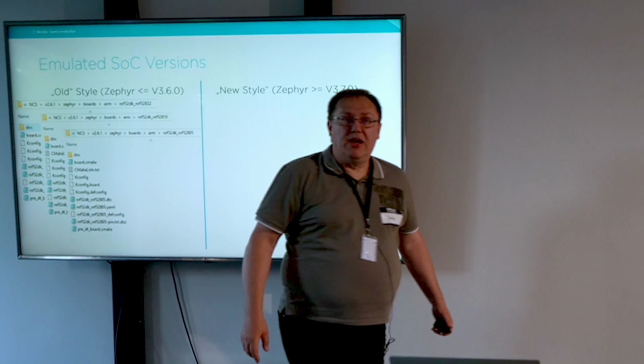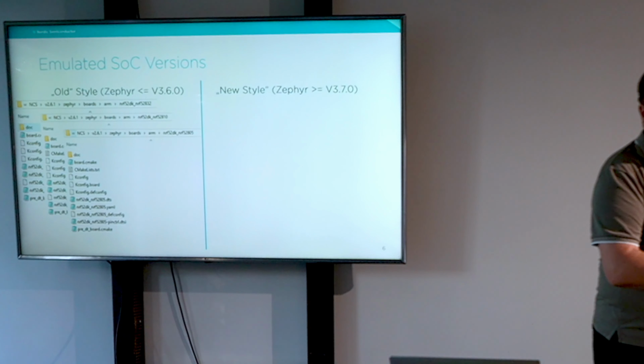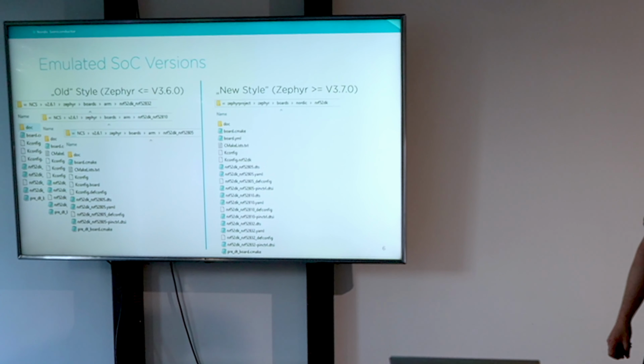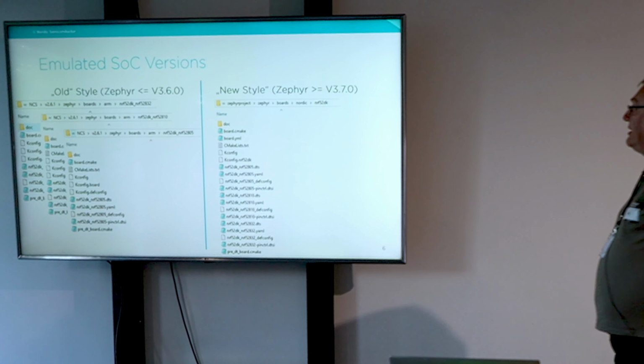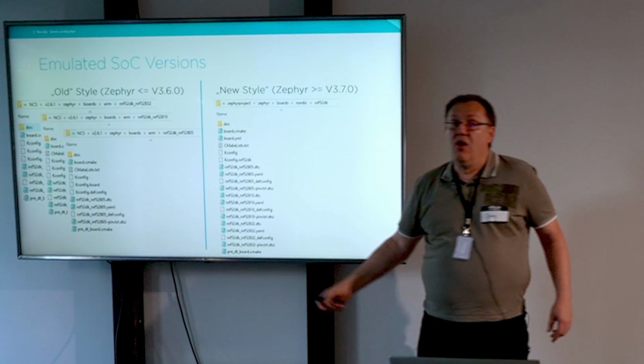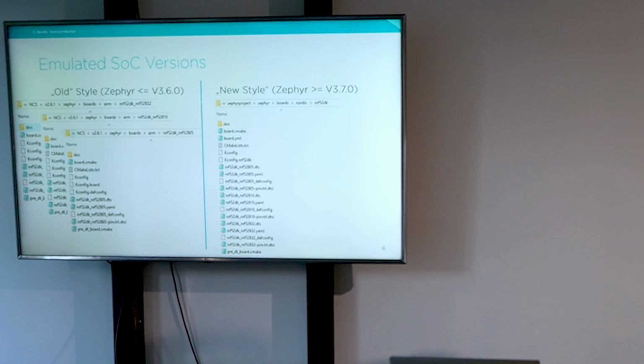Dev config, most probably that's more or less the same, because the dev kit uses more or less the same definition. Let's take a look in a new style. And here we just have one dev kit. And in this one dev kit, all the boards, all the variants are basically defined.